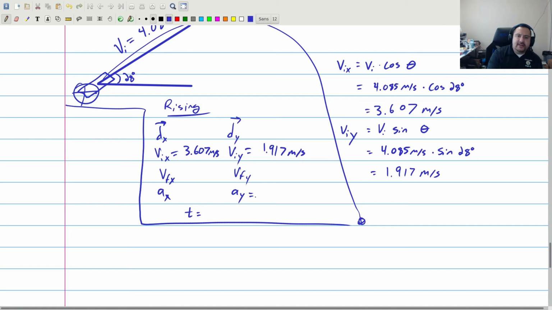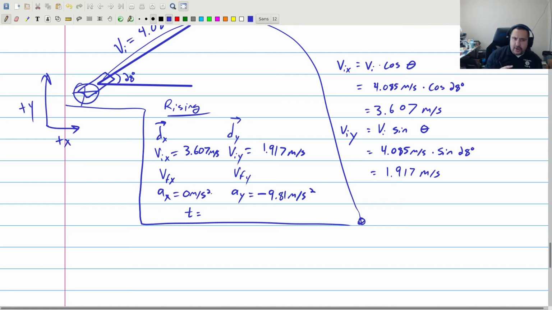I'm going to call right positive x, and I'm going to call upward positive y. So that means acceleration in the y direction is going to be negative 9.81 meters per second squared. Our time we don't know, and ax is going to be 0 meters per second squared.